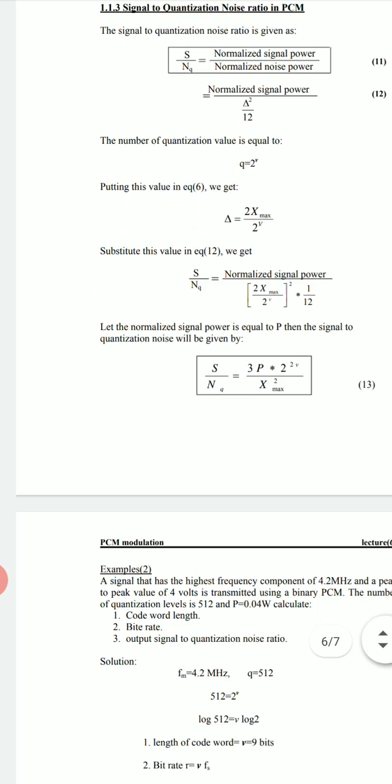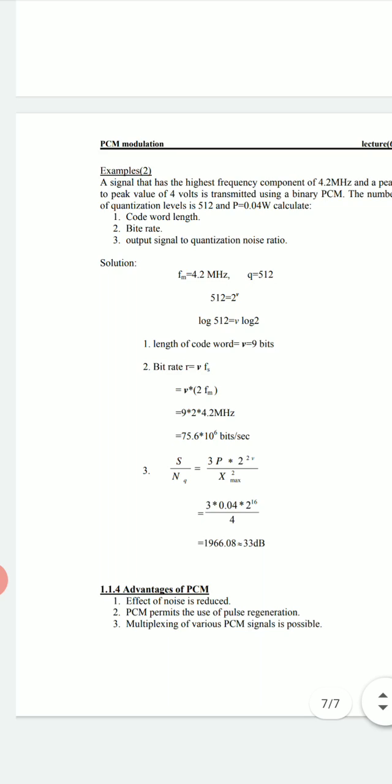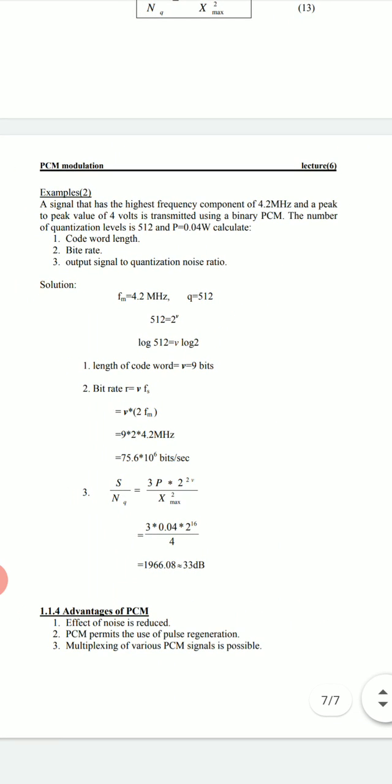These equations will be needed to solve numericals. So we will solve one numerical here, then you will understand. Here we are given a signal that has the highest frequency component of 4.2 megahertz and a peak to peak value of 4 volts. It is transmitted using binary pulse code modulation.